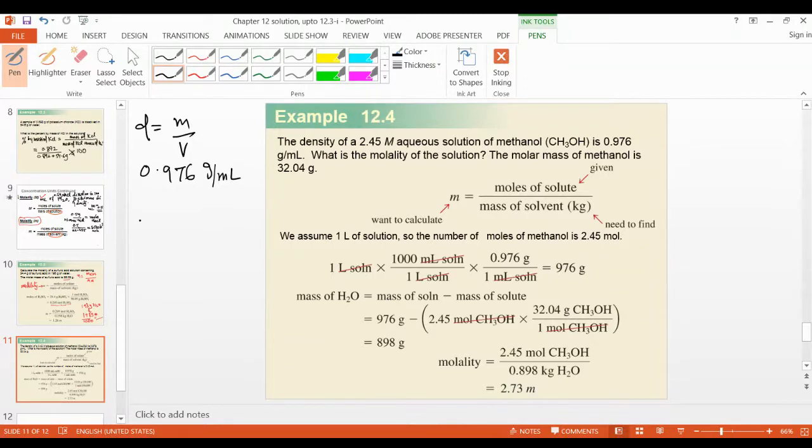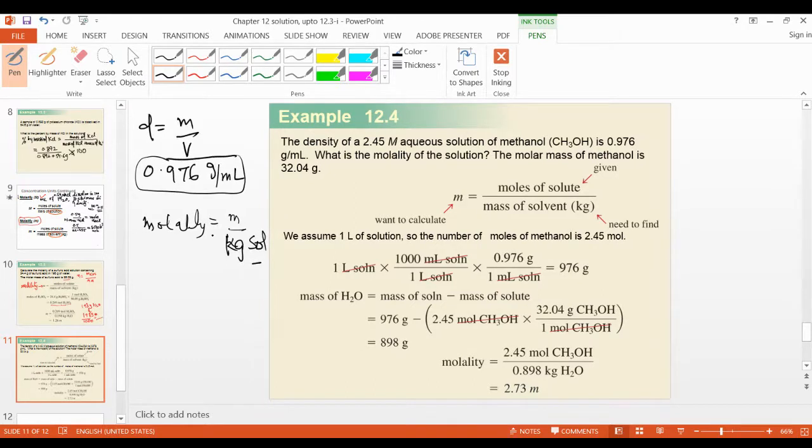So molality equals moles per kilogram of solvent. We don't know the solvent here, right? According to the density, what we have is the solution.